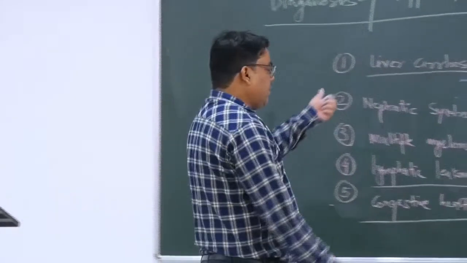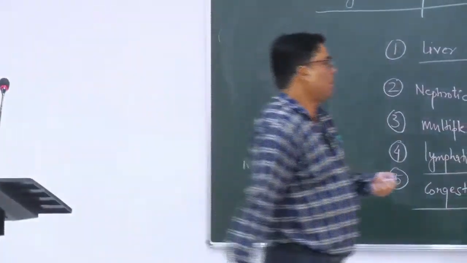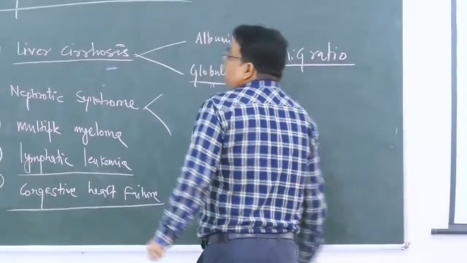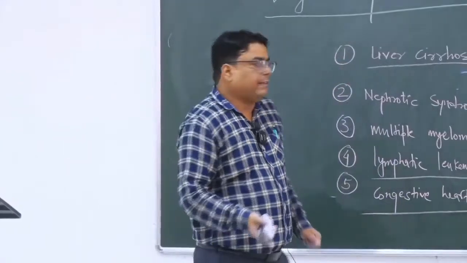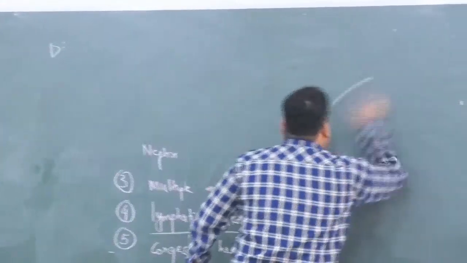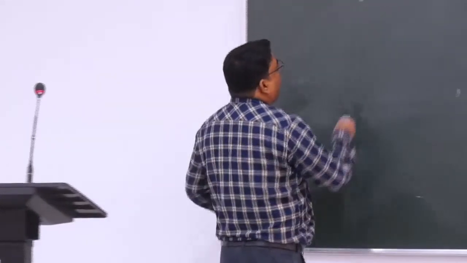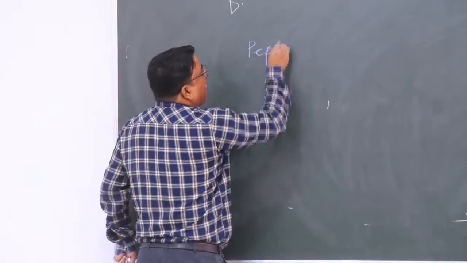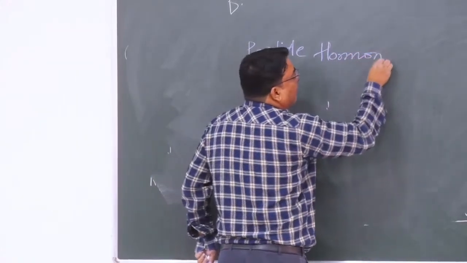But some other things are also present in the plasma which I forgot here. You can tell me. Anybody else? But it is not present in major portion. It is present in trace amounts. That is, peptide hormones.